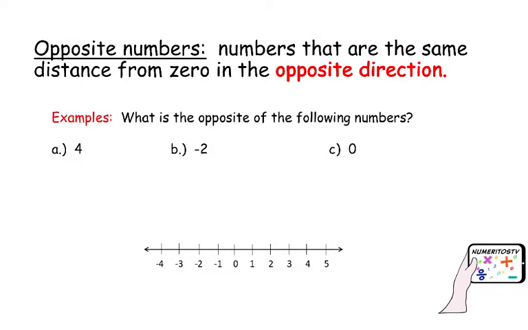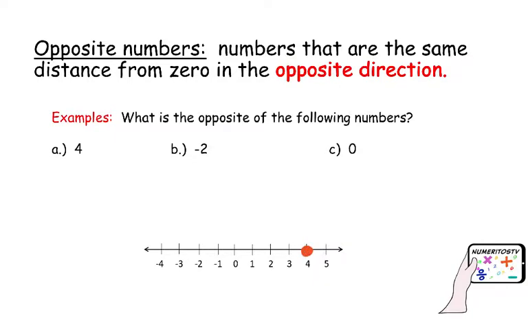So what are opposite numbers? Numbers that are the same distance from 0 in the opposite direction. So let's do some examples. What is the opposite of the following numbers? So 4, I want the opposite of 4. So 4 is positioned here to the right of 0.